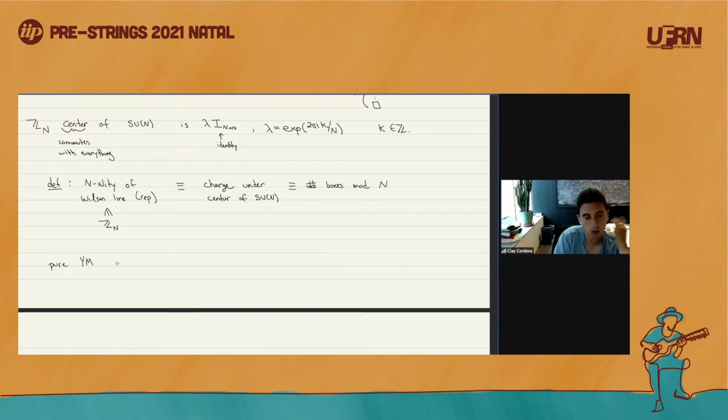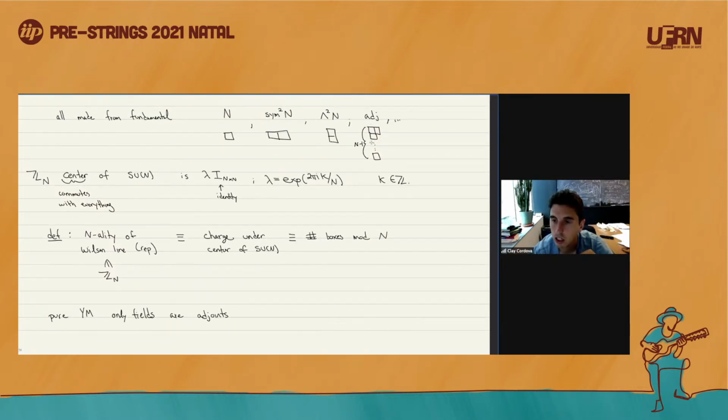The only fields are the gluons, and these are in adjoints. If we come up here to look at the adjoint, you see that the adjoint representation has n boxes total: n minus 1 in this long column and 1 over here, leading to total n. And if you come over to my definition of the n-ality, you will see that the n-ality of the adjoint is 0. So the adjoint representation is not charged under the center of SU(N).